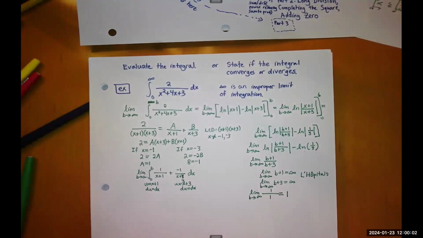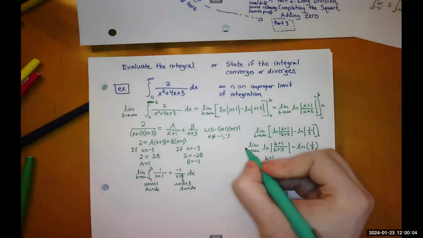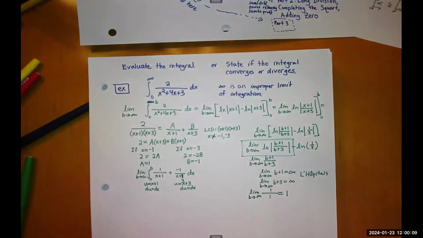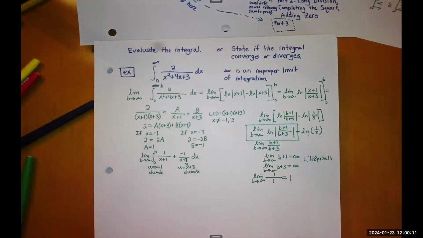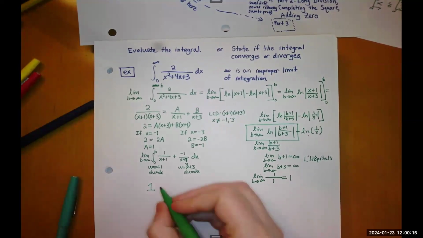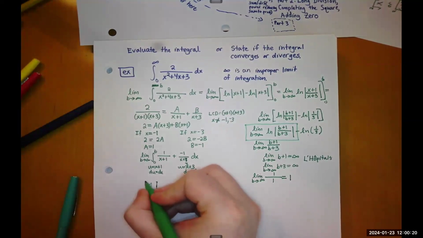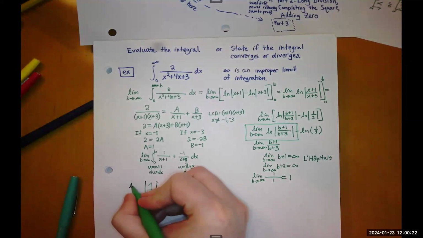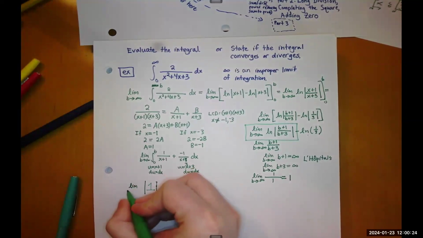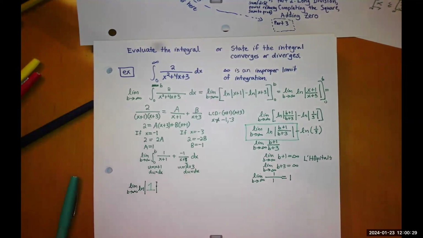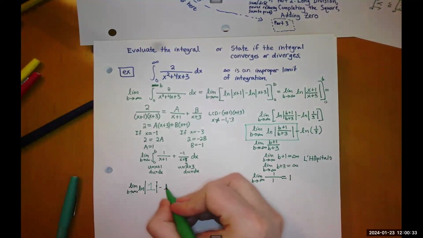That allows me to rewrite that as 1. So I have the limit as b approaches infinity of the natural log of the absolute value of 1, minus the natural log of 1/3.